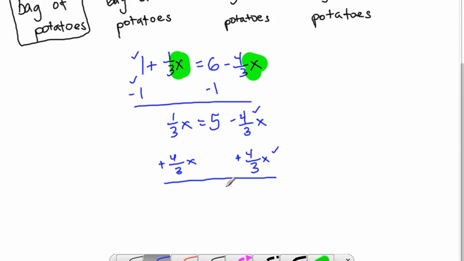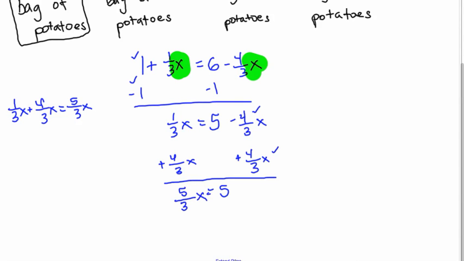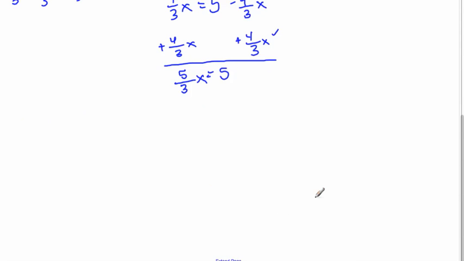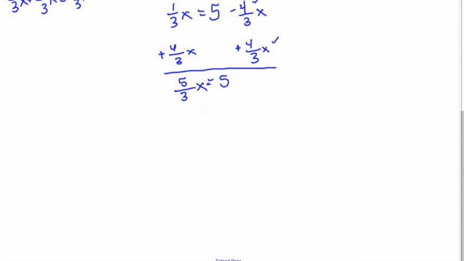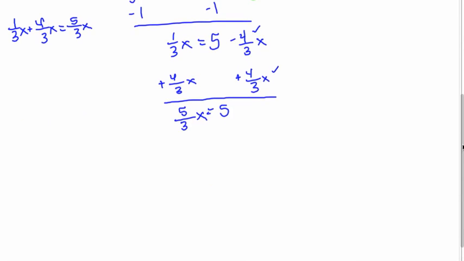Those check out. And I got 5 equals, let's see, 1/3 x plus 4/3 x equals 1 plus 4, 5/3 x. Let me move that up a little bit in case you want to see that.